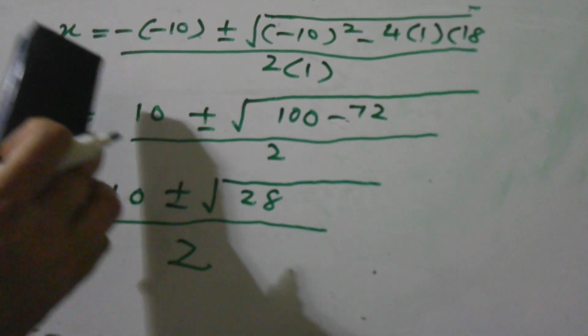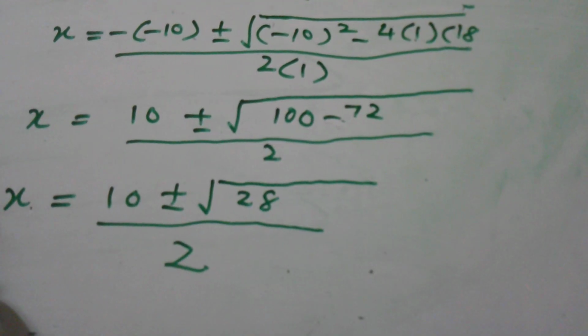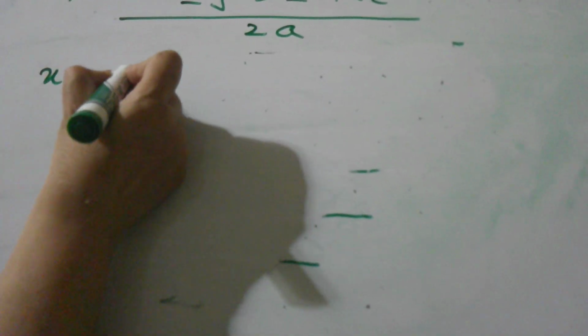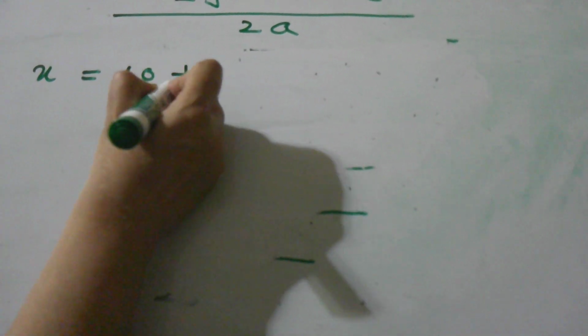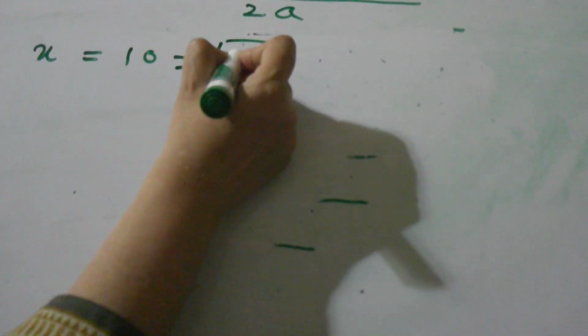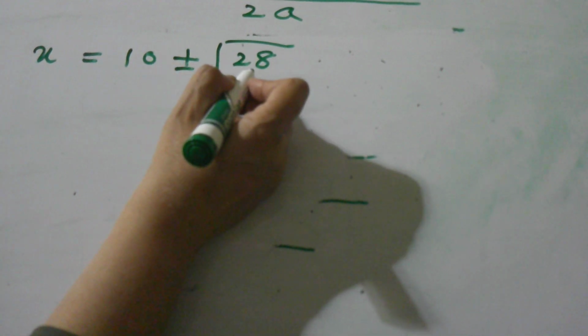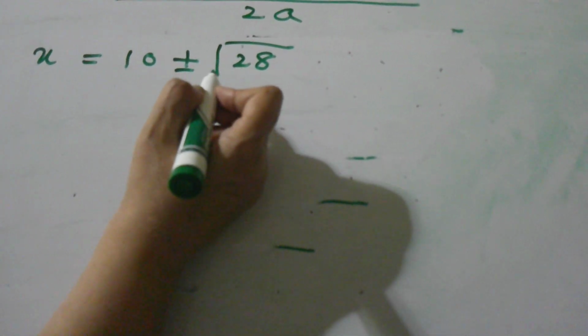So x = (10 ± √28) / 2. You can find the square root of 28, and the answer should be in decimal form.